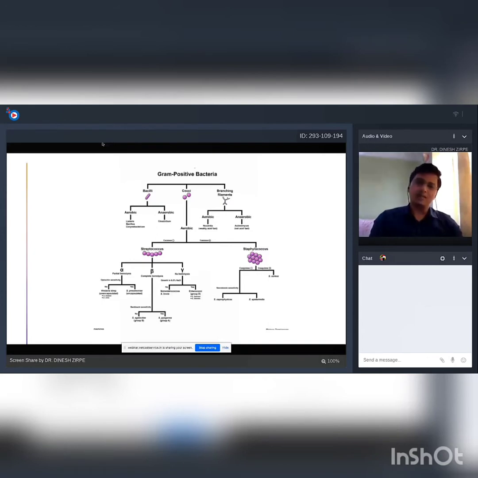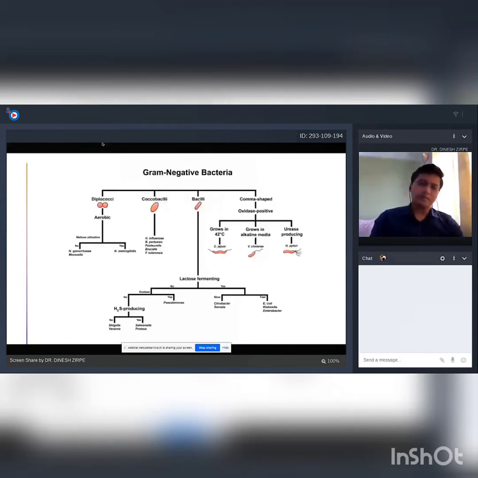And the whole classification is based upon that. So coming to the point, in gram-positive bacteria, we are more bothered about cocci. Among the aerobic cocci, they are either streptococcus if catalase negative, or if catalase positive, they can be staphylococcus. In that, if coagulase positive, it becomes Staph aureus. If coagulase negative, then they are saprophyticus and epidermidis. So we are mainly bothered about Staph aureus, and then gram-negative bacilli.